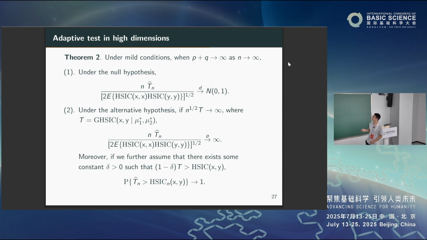Recall that under the null hypothesis, our test statistic has the same asymptotic distribution as the traditional HSIC, and under the alternative hypothesis, our statistic is larger than the traditional HSIC. This implies that our test is more powerful than the traditional HSIC, as long as this kind of inequality holds.